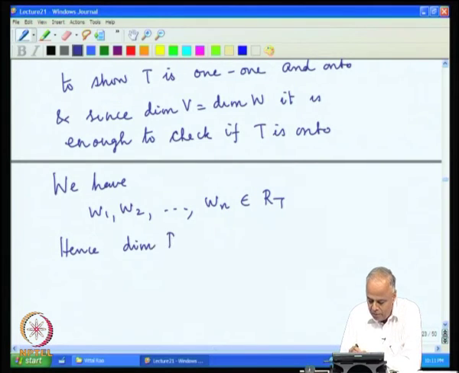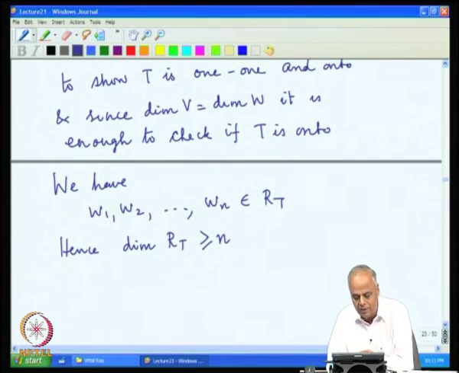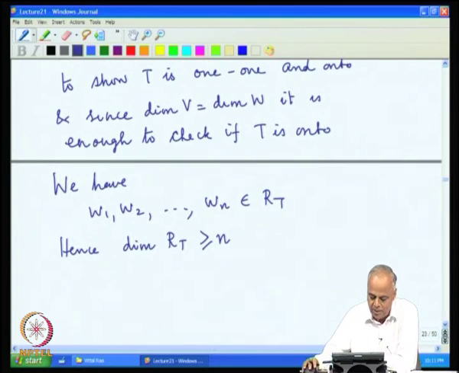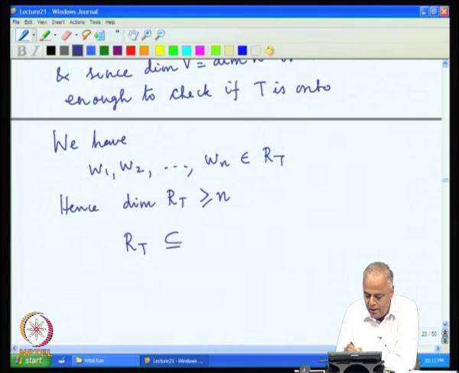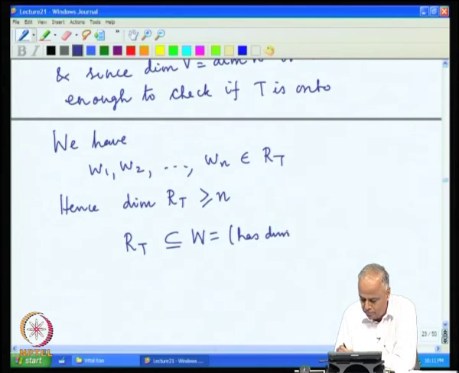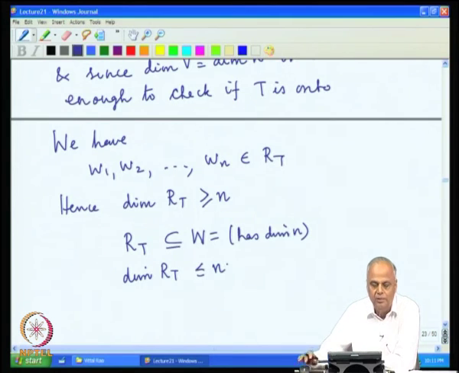dimension of range of T is at least n, because we have n linearly independent vectors in the range of T. But then range of T is contained in W, which is of dimension n, and therefore, dimension of range of T must be less than or equal to n.